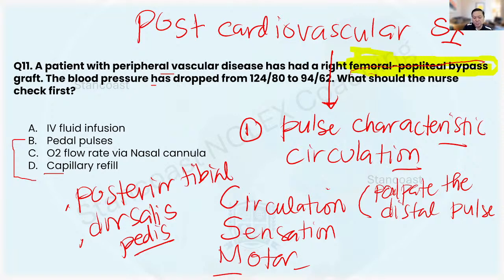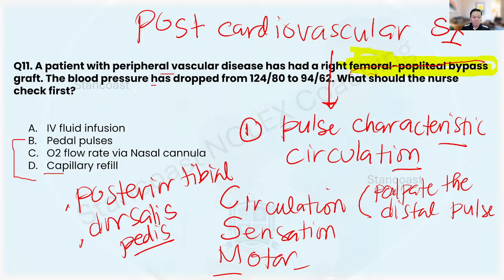Is it +2? Is it +3? Is it +4? So you will know if there is an impairment. And most of the time, guys, with our patient with a PAD, especially in the immediate post-op phase, we will not be palpating like a +2 already or +3. No, that's not very common. So what we're going to make sure is, hey, I am still feeling a pulse. This is a good sign that there is now revascularization. There is now reestablishment of the blood flow to the distal part.